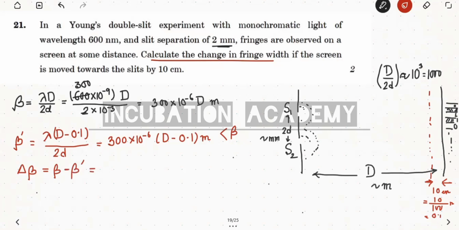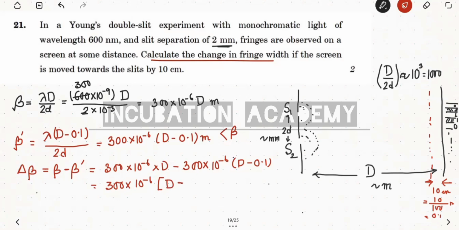Beta is 300 into 10 to the power minus 6 multiplied by D, minus beta prime, which is 300 into 10 to the power minus 6 multiplied by D minus 0.1. If I take 300 into 10 to the power minus 6 as common, it is D minus, within the bracket, D minus 0.1.